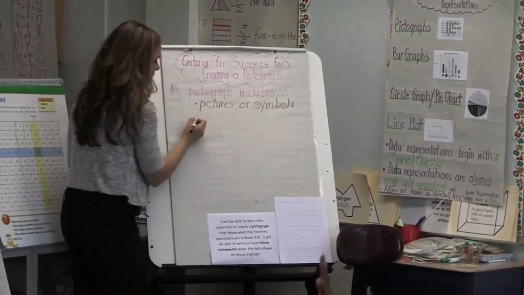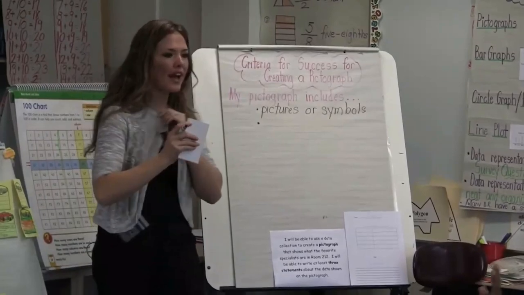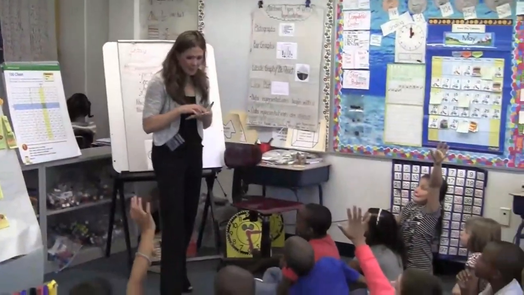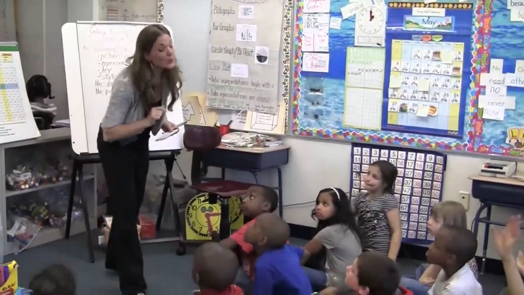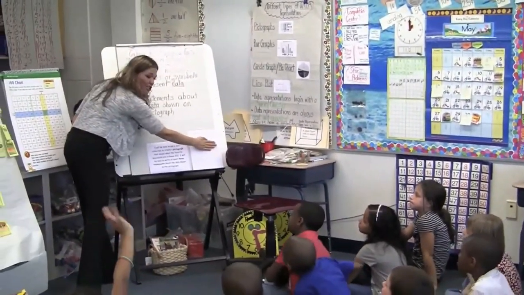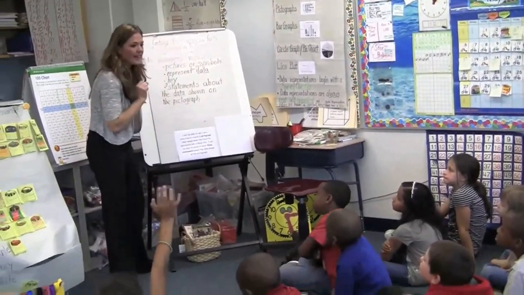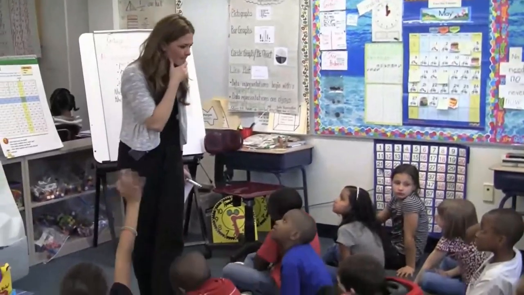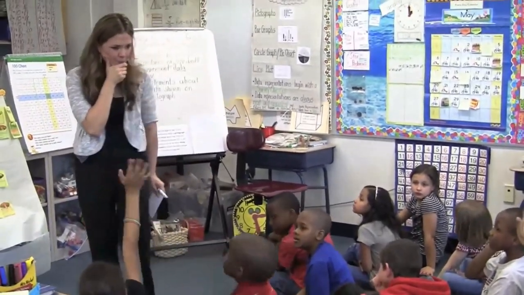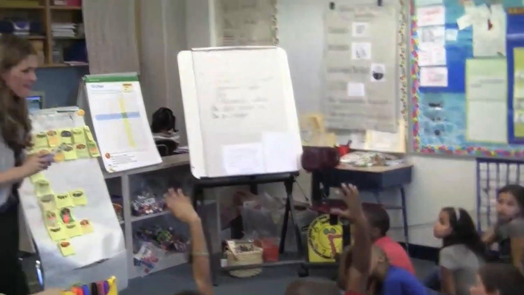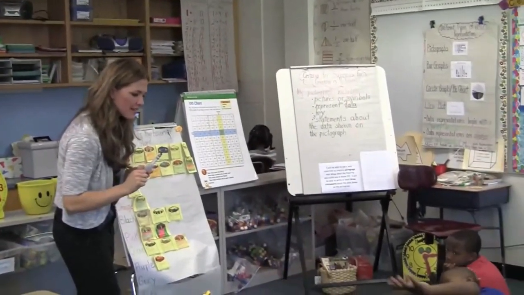Great. Let's see. What else should our pictograph include? I'm coming back to you. Column. Oh, it is a column, but this is not a column because this is going to be on a chart. I like the way you're thinking, and you're not giving up. Who's got it? Which does this go into? Jordan?